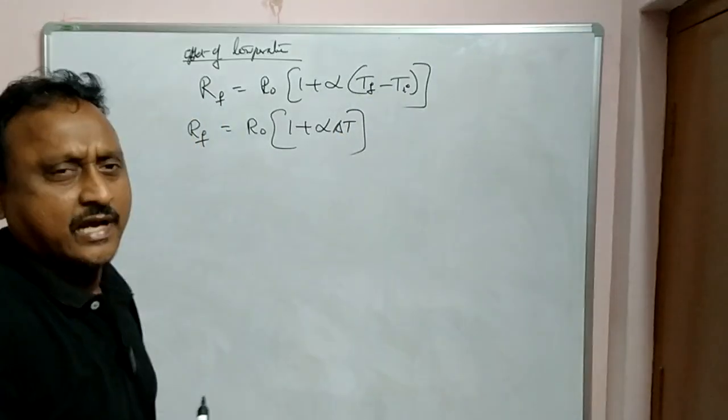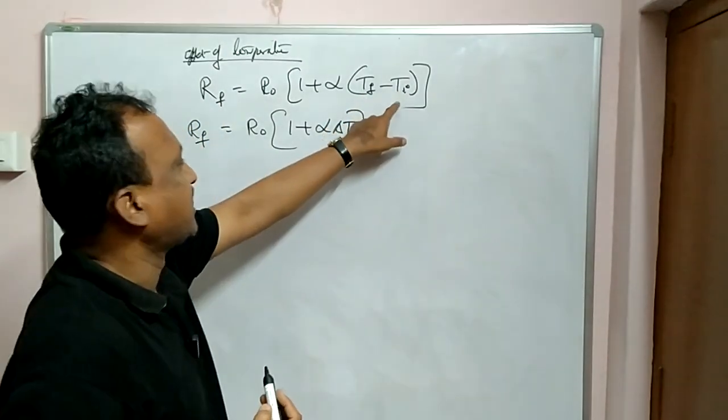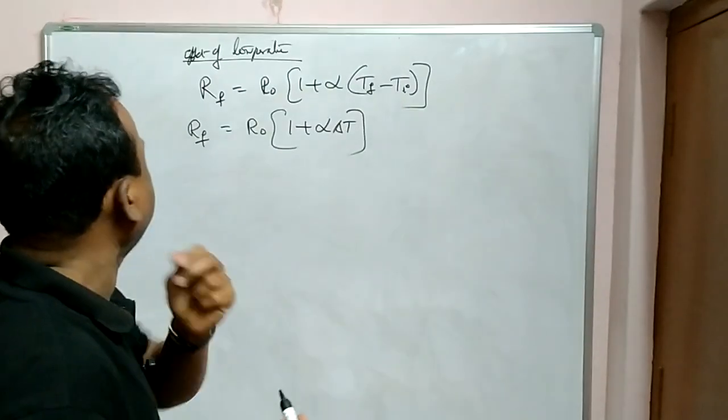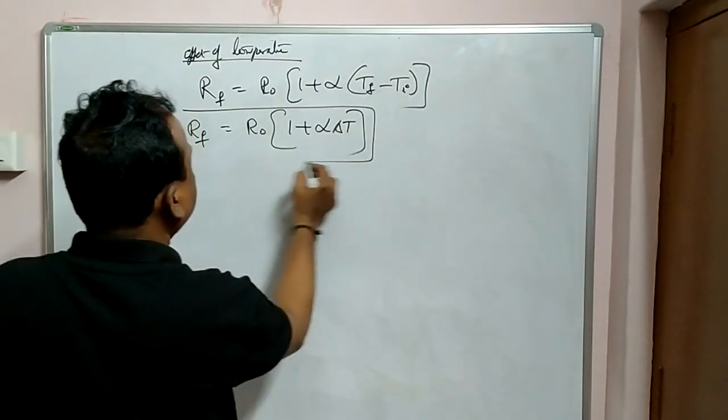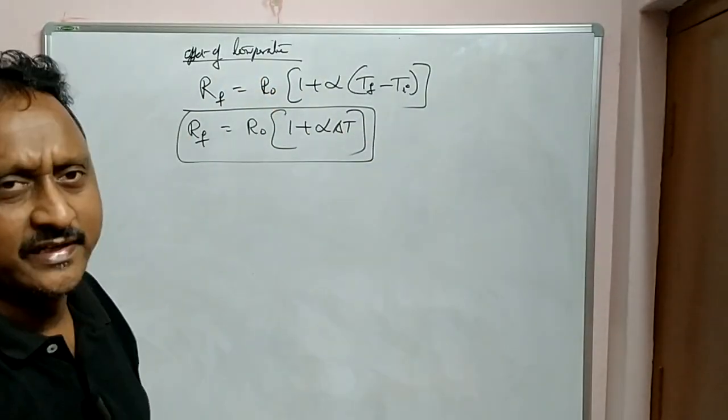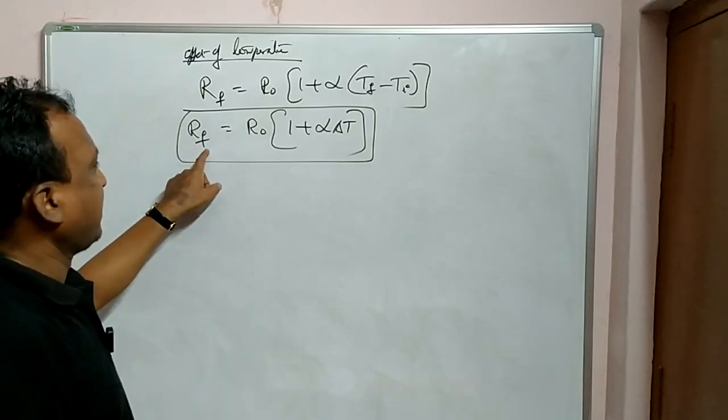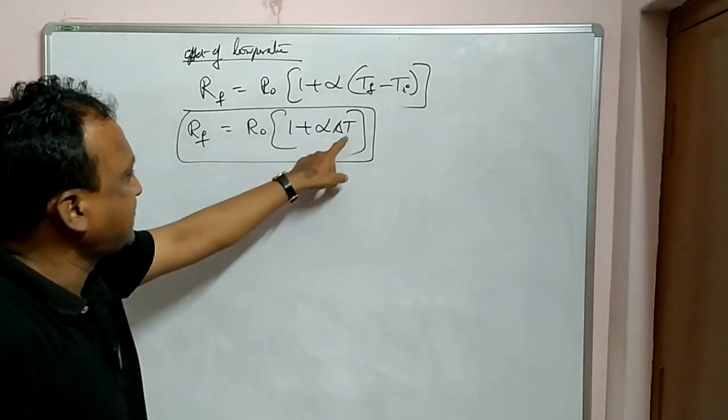Here T_F and T_I are called the final temperature and initial temperature. So this is the formula when the temperature is affected.